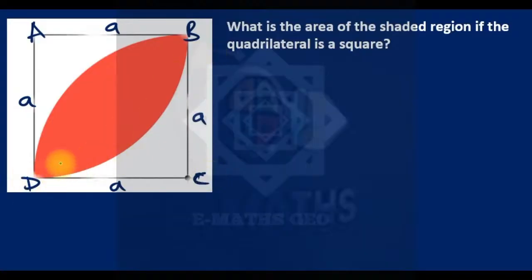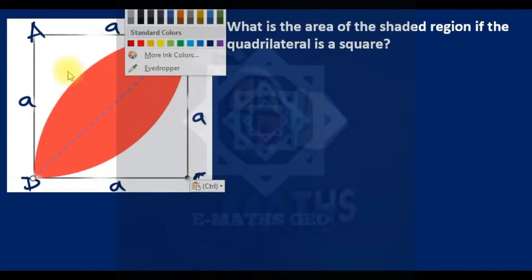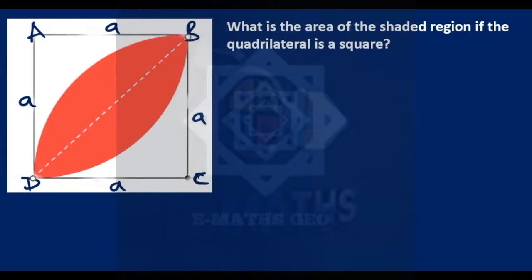So let me join B and D. Let's call this A1, and here is also A1. These two areas are the same, meaning that the area of this shaded region is 2A1.